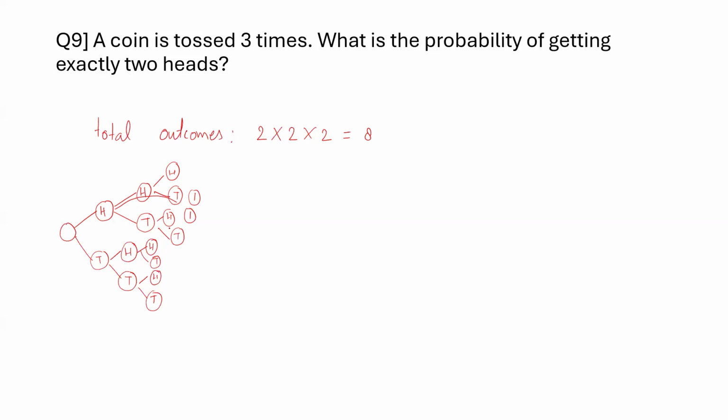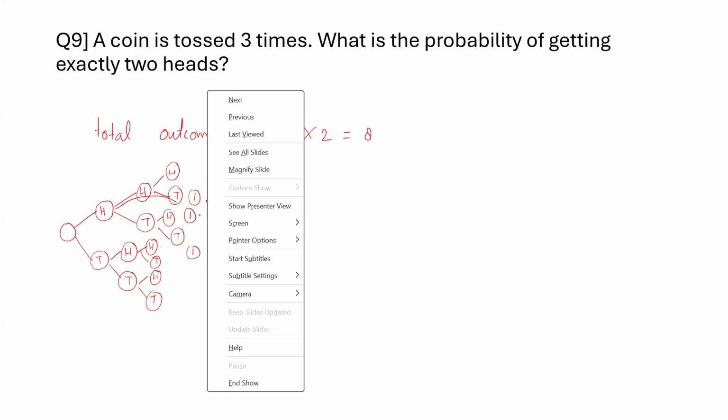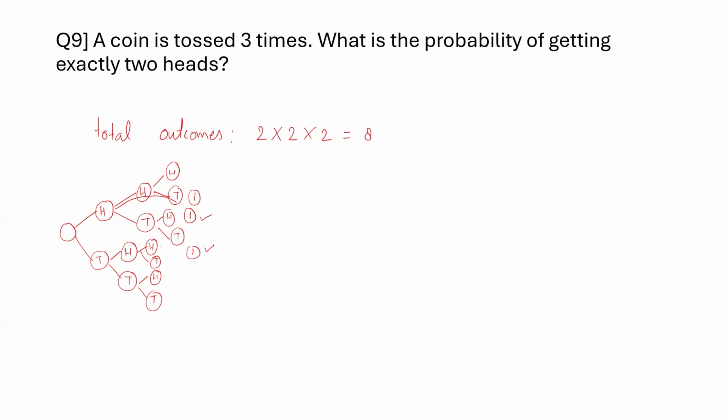Here you have H, T, T. No, this we don't want. Here you have T, H, H. Yes, this one you can consider. Here you have T, H, T. No. Then you have T, T, H. No. T, T, T. This again we don't want. So you have a total of 1, 2, and 3 cases.